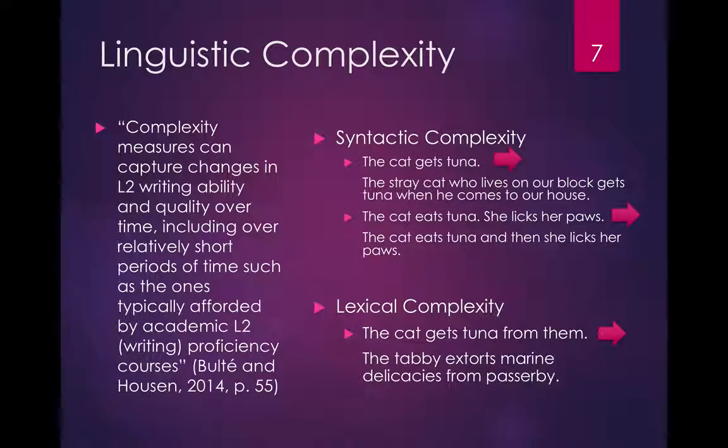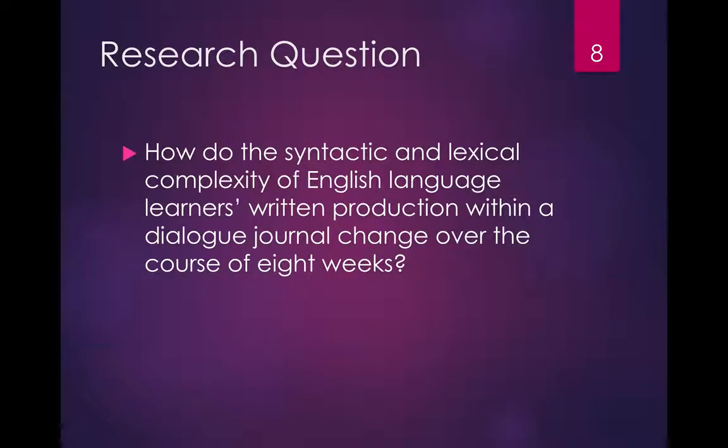Essentially saying the same thing as that sentence, but with less frequent words, is the tabby extorts marine delicacies from passersby. So we have the same structure, but we are using words that are not as frequently used in our English, in our spoken language, and in our written language. And that was my hypothesis.